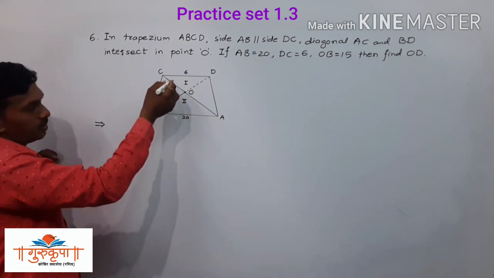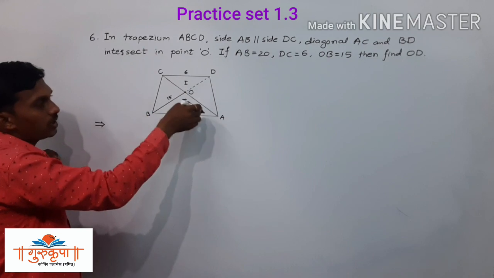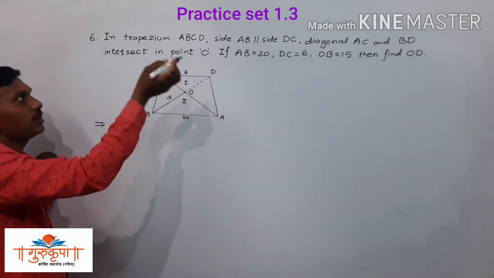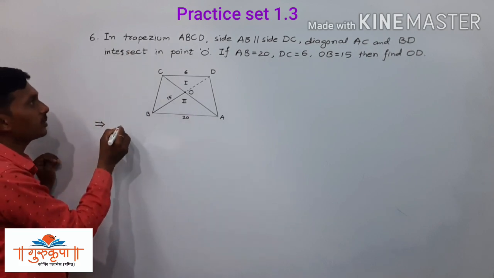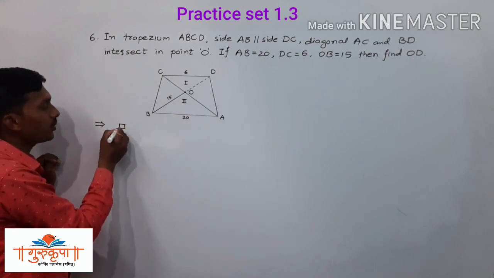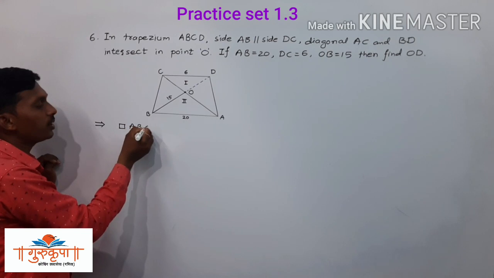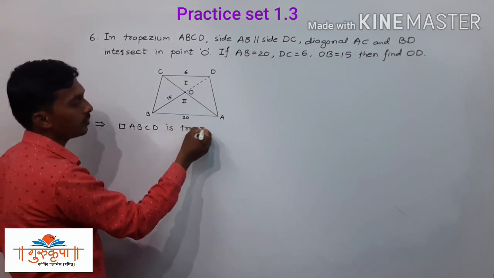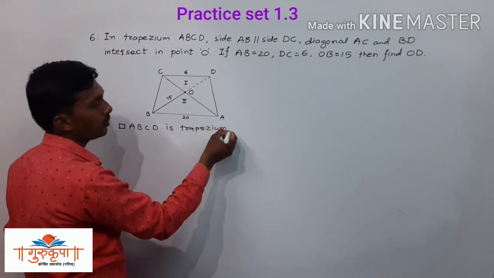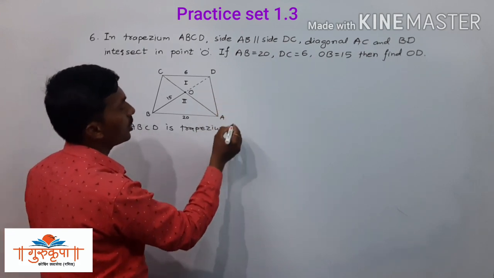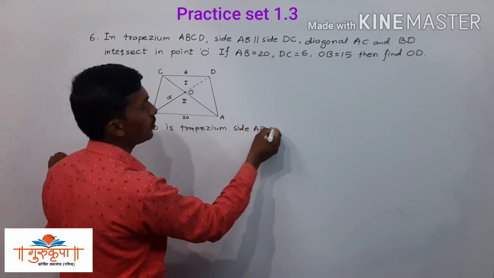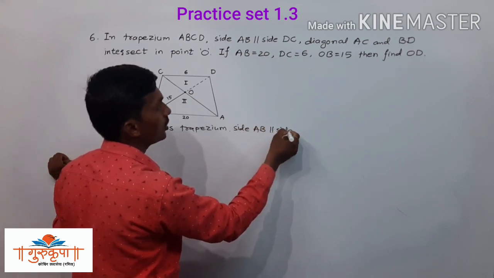So we will show that these two triangles AOB and COD are similar to each other. First we will write the information which we have available here. It is given that quadrilateral ABCD is a trapezium in which side AB is parallel to side DC.